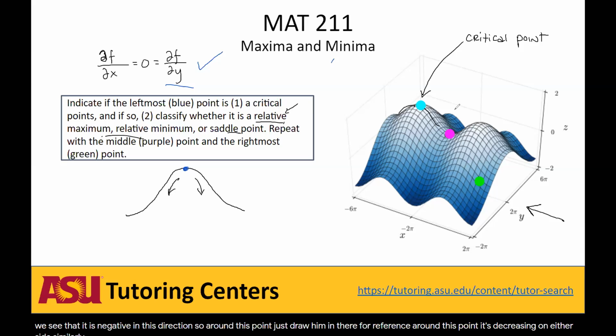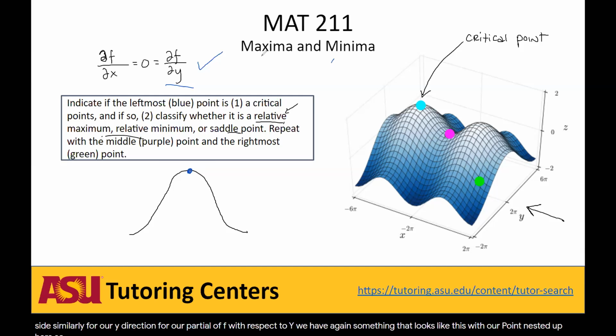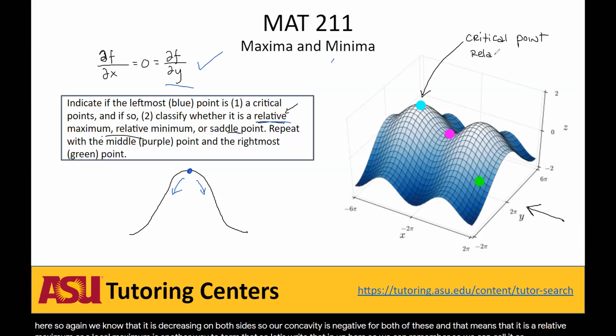Similarly, for our y direction, for our partial of f with respect to y, we have something that looks like this with our point nested up here. Again, it is decreasing on both sides. So our concavity is negative for both of these, and that means that it is a relative maximum, or a local maximum is another way to term that. So let's write that in up here so we can remember. We can call it a relative max.